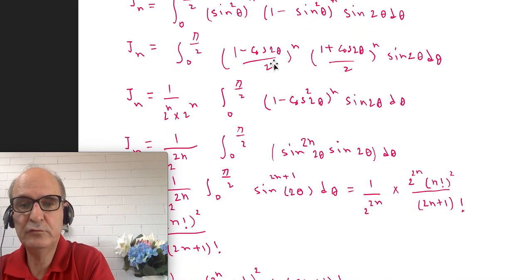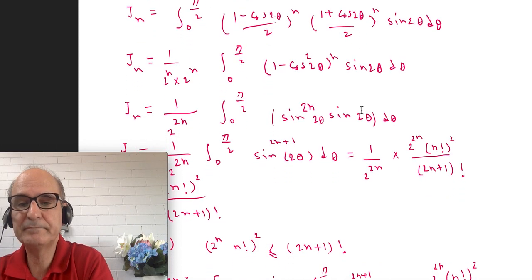Now, we have 2 to the power of n here and 2 to the power of n here. They are constants in the denominator, they can go out. And if you times 1 minus cos 2 theta by 1 plus cos 2 theta, that becomes 1 minus cos squared 2 theta, difference of 2 squares, and then to the power of n, sine 2 theta.